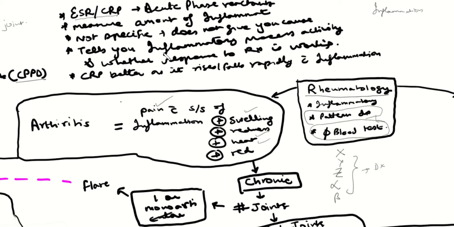So you can use these blood tests to see how bad the inflammation is, and when you treat that disease, how much inflammation has gone down, and how the disease process is going. Okay, CRP is better because it rises and falls rapidly with inflammation, so it is more reflective of what's going on in the body immediately in terms of inflammation. So C-reactive protein is better than ESR.